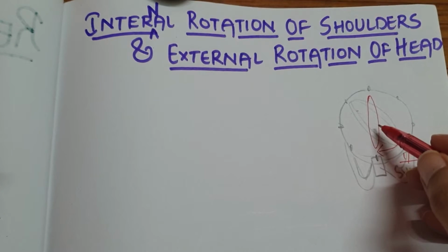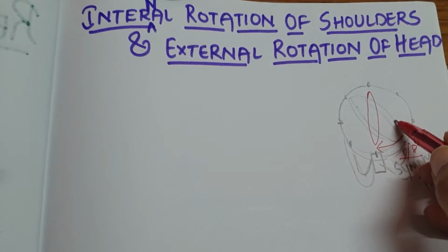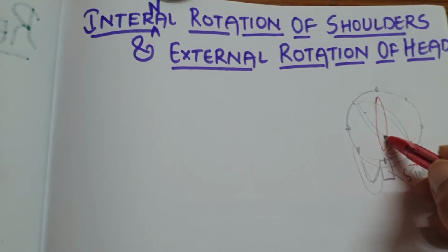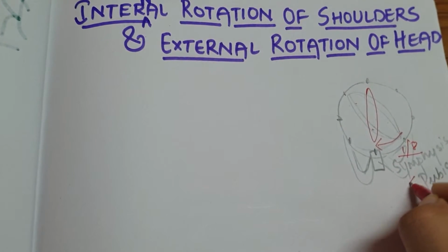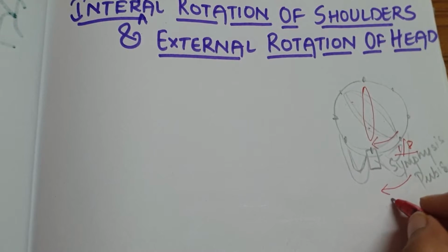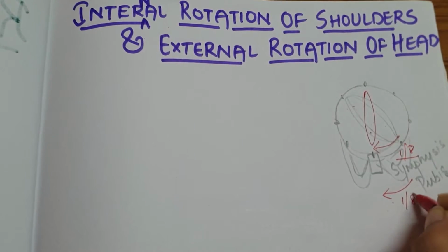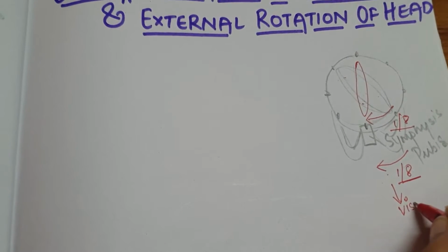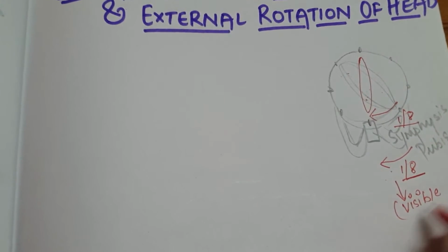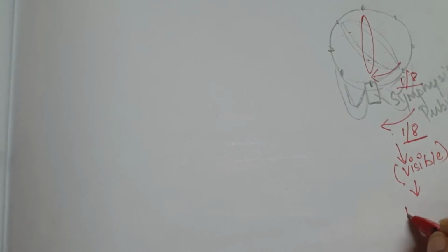So when there is an internal rotation of the shoulders from the oblique to the anterior posterior diameter, simultaneously there is a rotation of the head by 1/8, which is visible as the head is born.